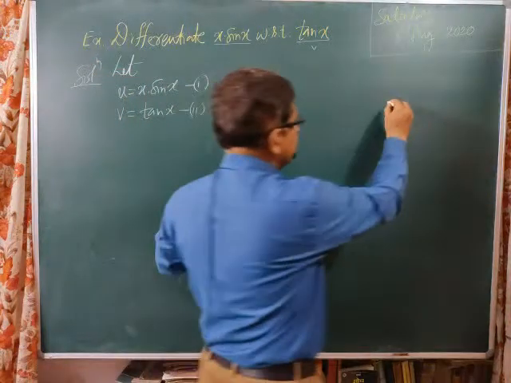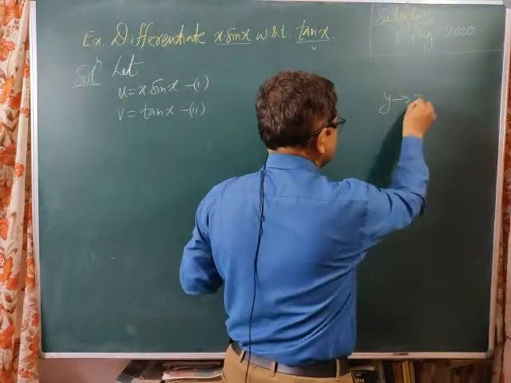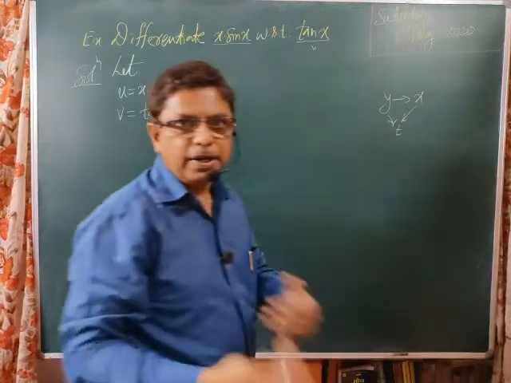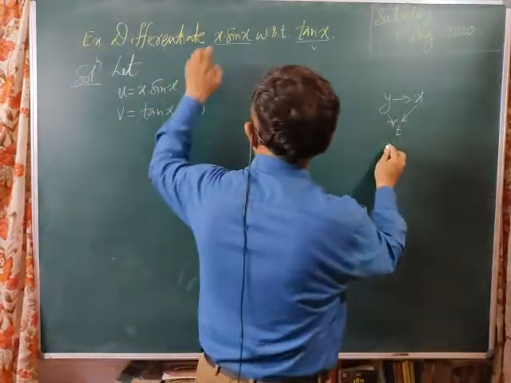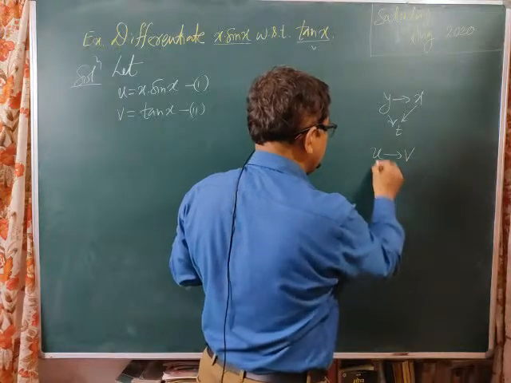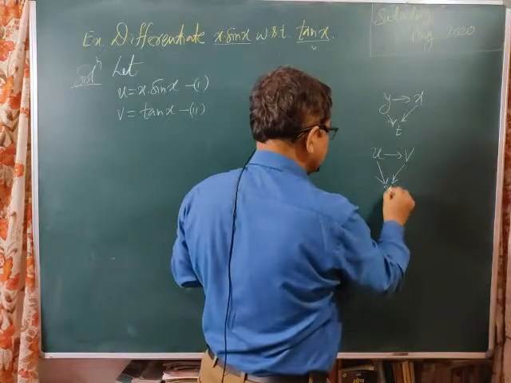Y is function of x, and both y and x are functions of parameter t. Here we have, you have to differentiate u with respect to v. So u is function of v, and both u and v are functions of x.